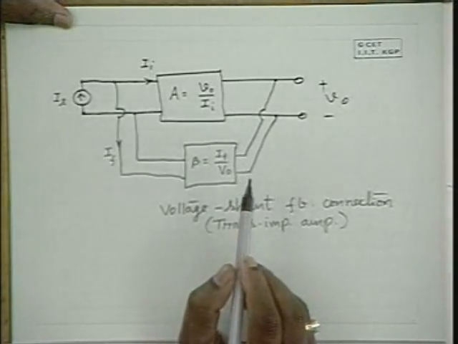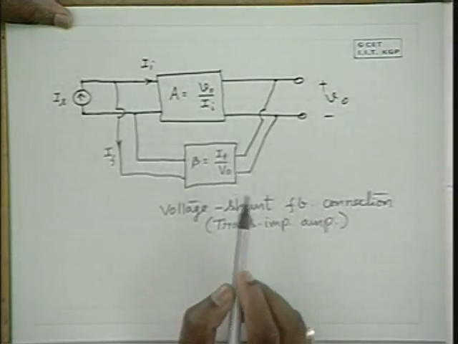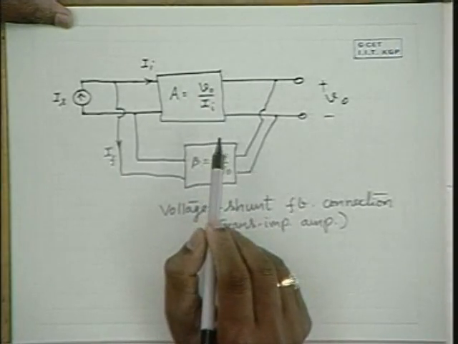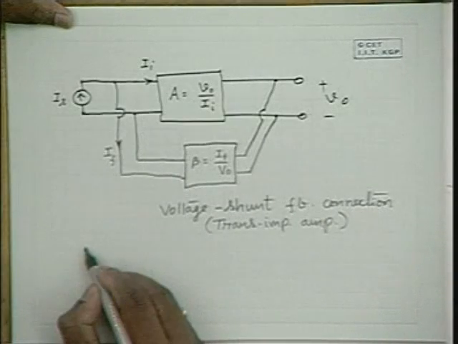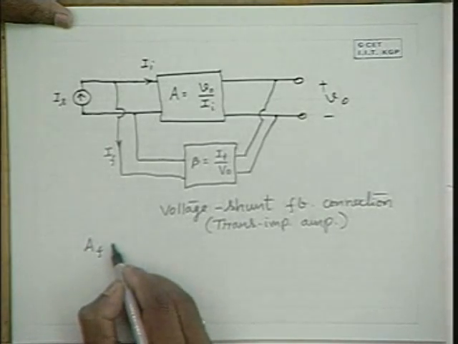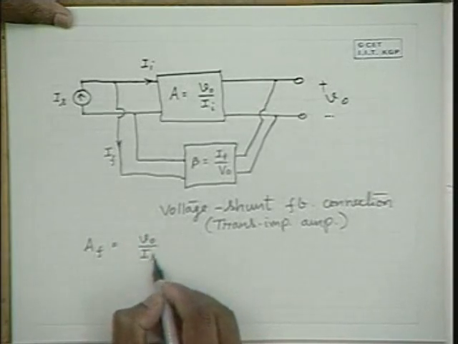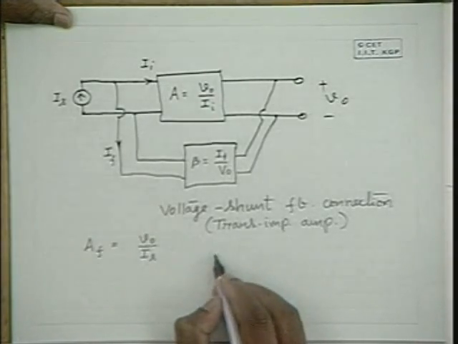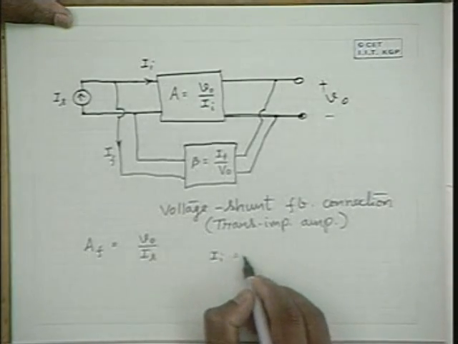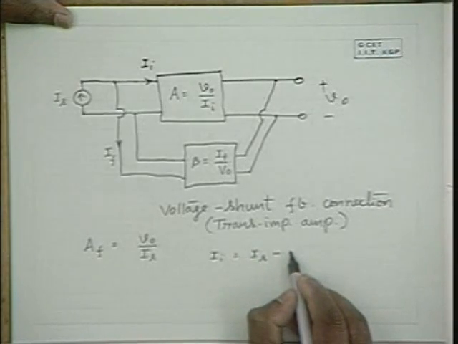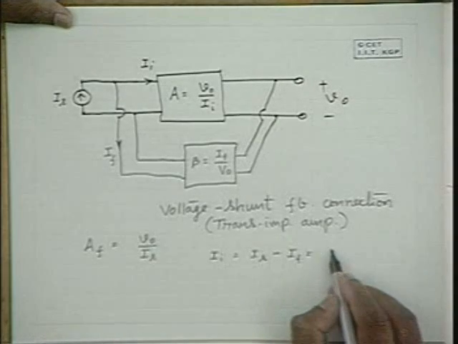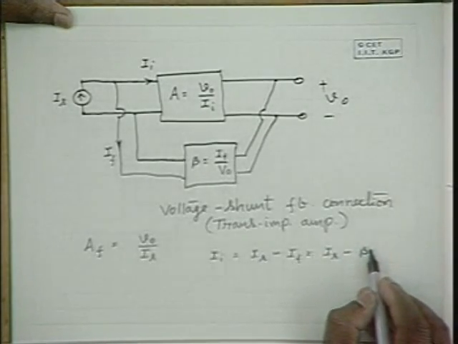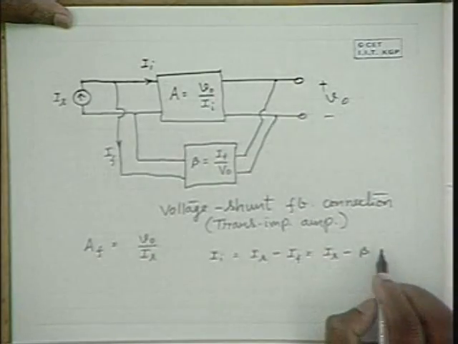Now let us obtain an expression for the gain in this amplifier. So the gain without feedback is V naught by II, which has units of impedance, and the gain with feedback is AF, which is the ratio between V naught and IS, and naturally it will have units of ohms. It's a transimpedance amplifier. Now II is equal to IS minus IF, and IF is beta V naught, and V naught is A times II.